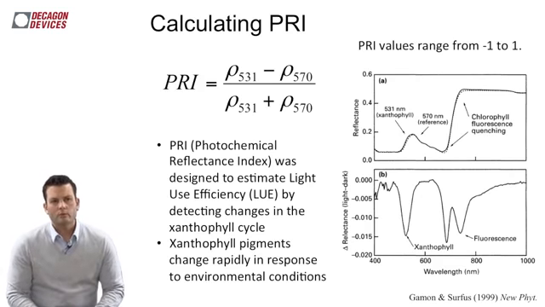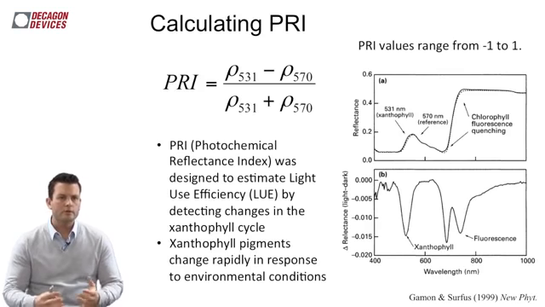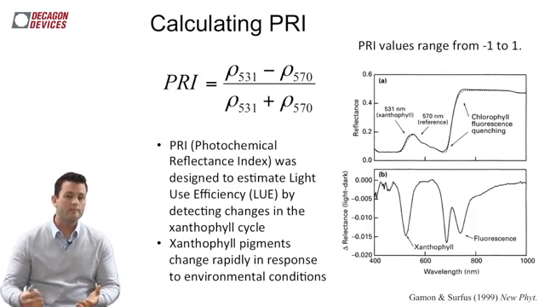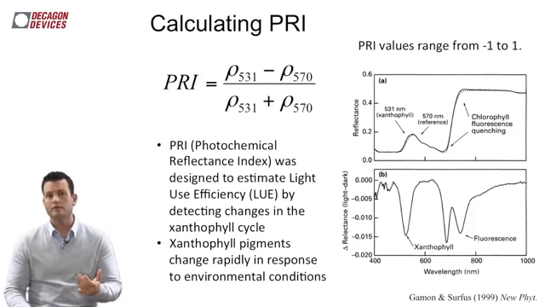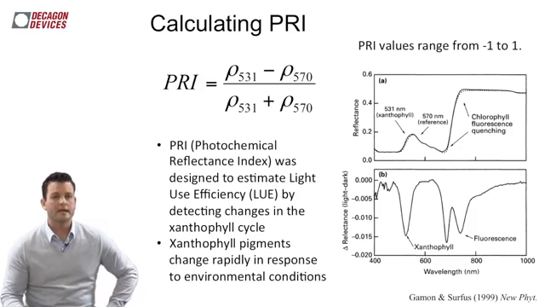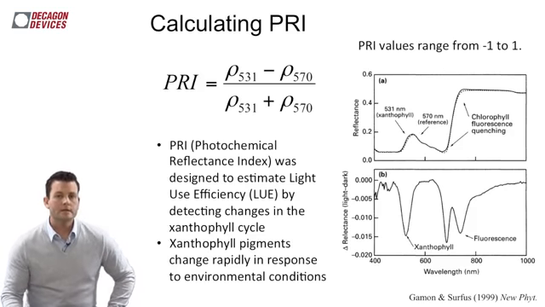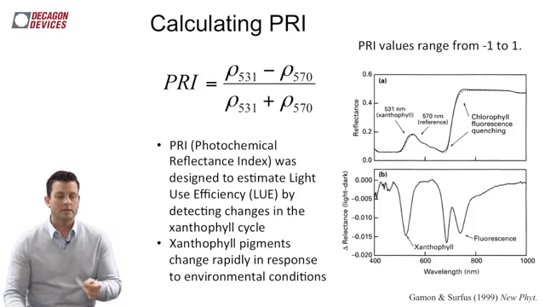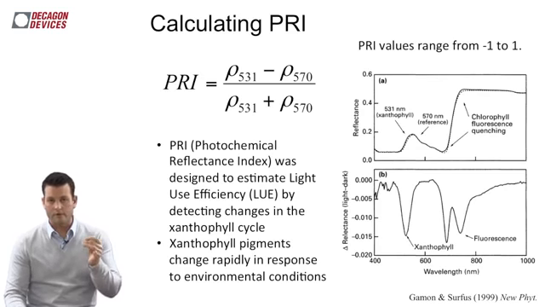The photochemical reflectance index, its primary use has really been up to very recently, just trying to get at light use efficiency or changes in light use efficiency that occur within a plant canopy. And this is done in particular by looking at the 531 nanometer response to xanthophyll pigment changes.